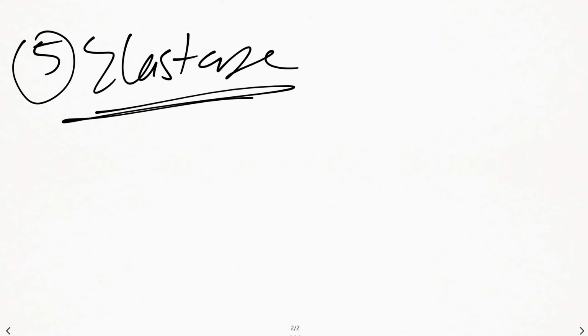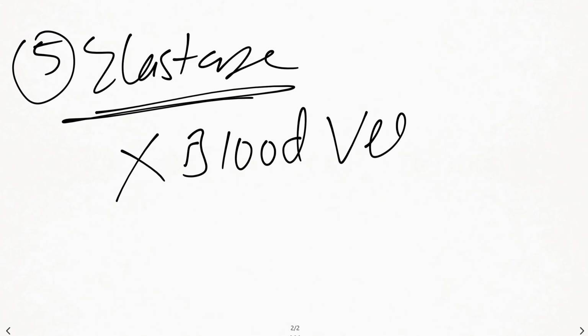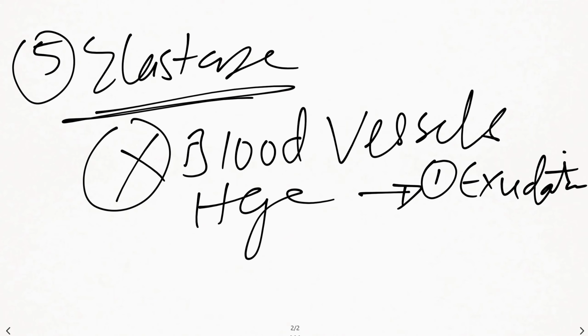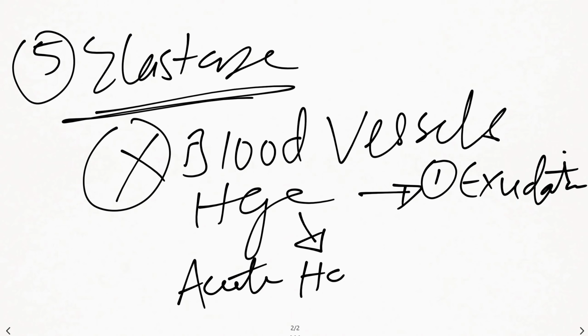Elastase will destroy the elastin of the blood vessels, and if you destroy the blood vessels, there will be hemorrhage. Depending on the degree of hemorrhage, it may be just a bloody exudate in and around the pancreas, or it may lead to something called acute hemorrhagic pancreatitis.